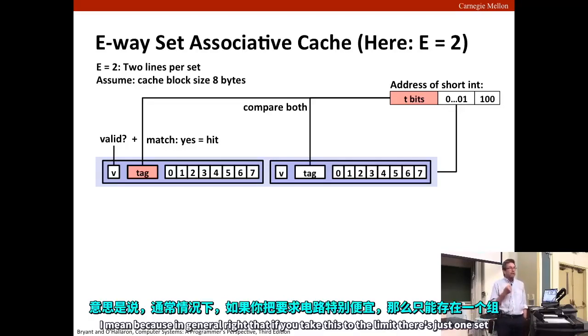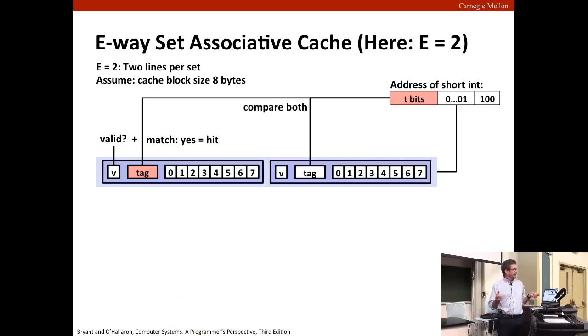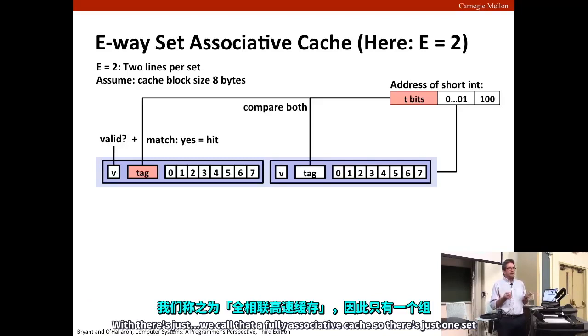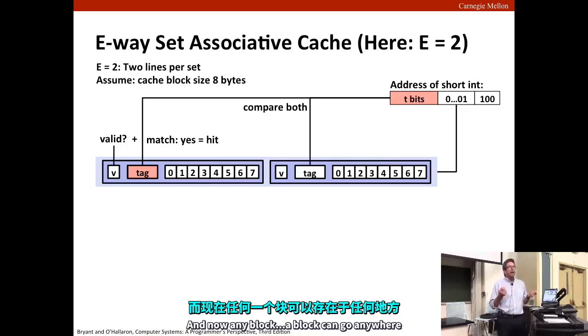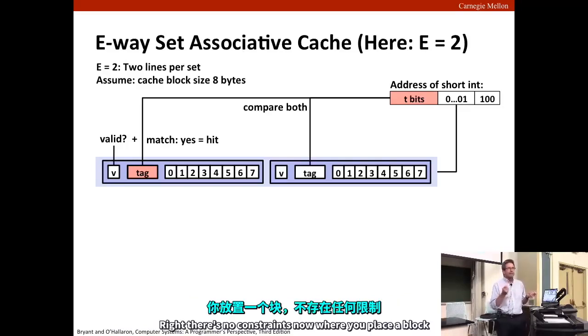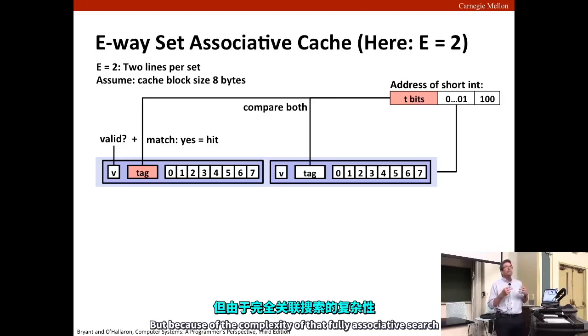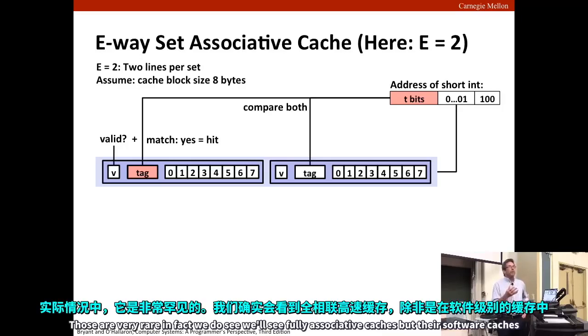In general, if you take this to the limit, there's just one set, and we call that a fully associative cache. There's just one set, and a block can go anywhere. There are no constraints on where you place a block. But because of the complexity of that fully associative search, those are very rare.